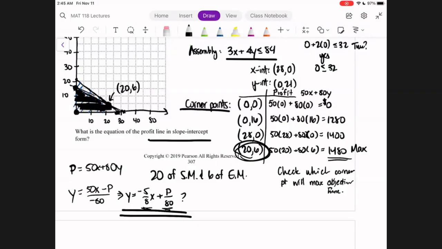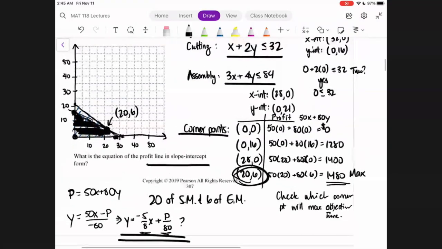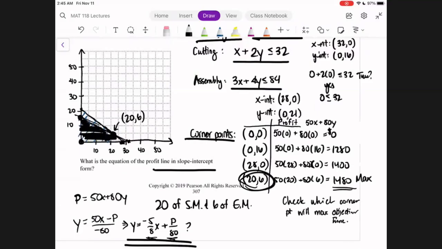And if your p is larger, what's going to happen? Then this line, if I draw on this picture up here, now it's a negative slope, so it might look something like this, right? And then this would fluctuate. So this line would move up and down based on what my p is, right? Because if it's larger, it's going to be further up because why? The y-intercept would be larger.